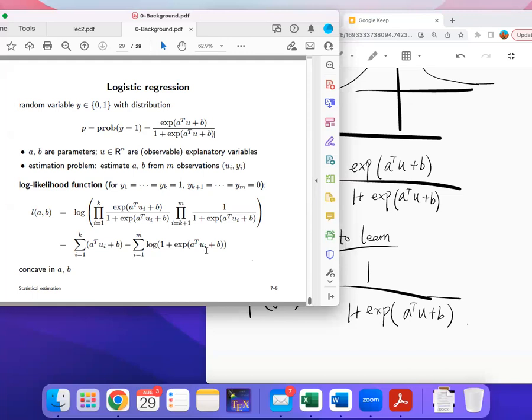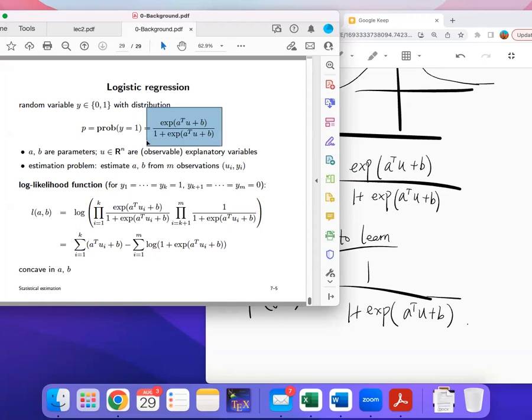So it's a linear function plus a concave function, so the entire function is concave in A and B, and we are trying to maximize this likelihood over A and B. If you give me ui and yi, I just need to solve this problem over A and B, and after that, I will have my model.